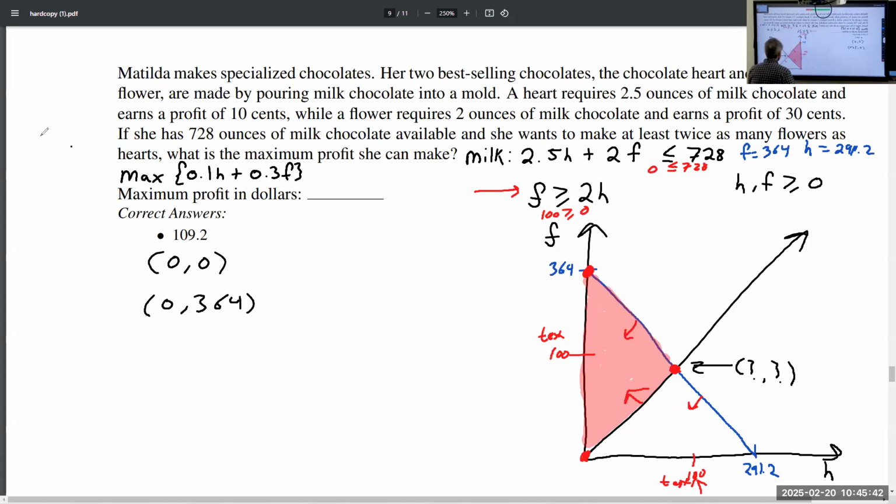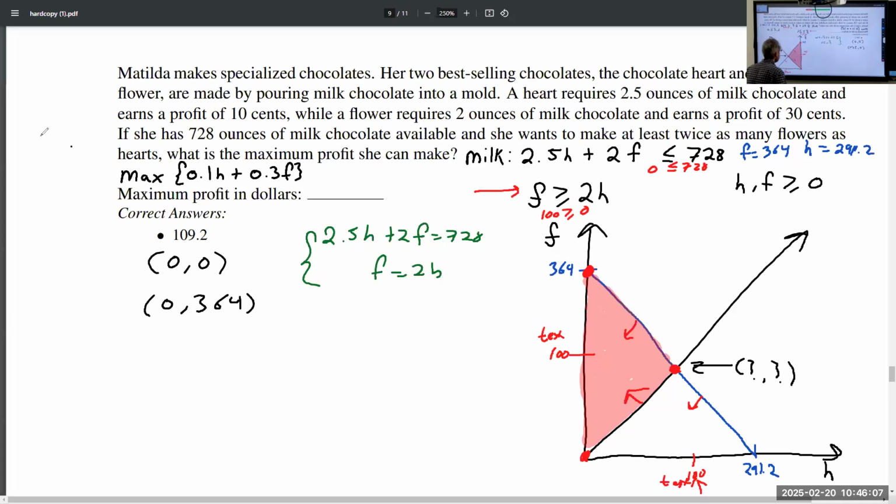All right, where is that? That's where those two lines intersect. Where does that happen? I don't know. I'm going to have to calculate it. So I have 2.5h plus 2f equals 728, and I have f equals 2h. So I think this would be a candidate for substitution.